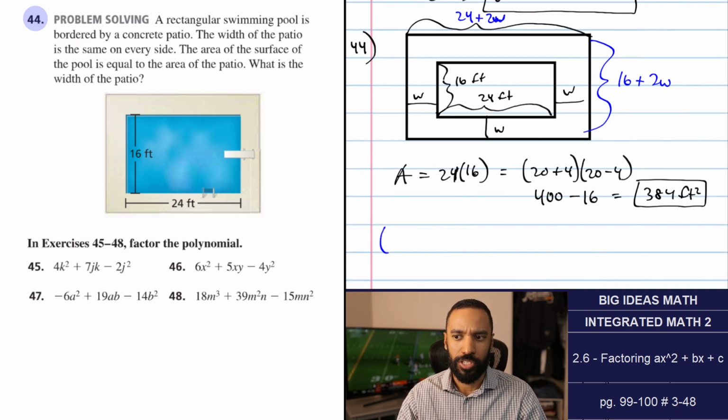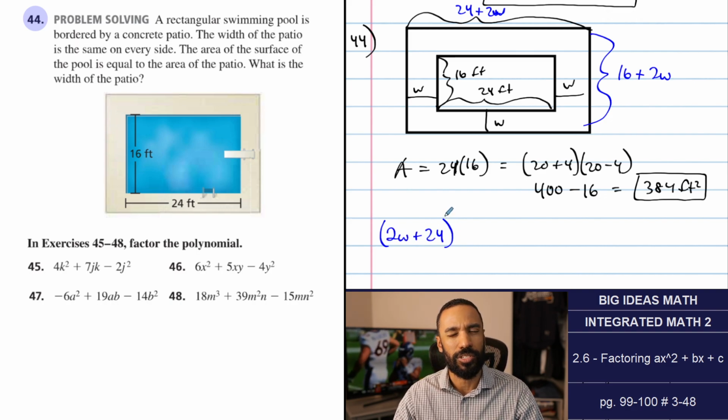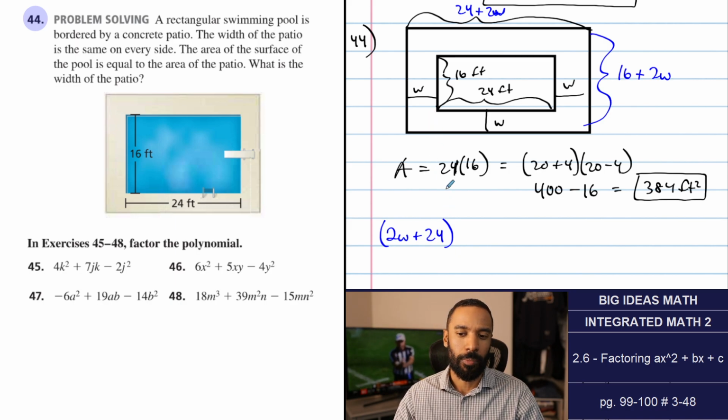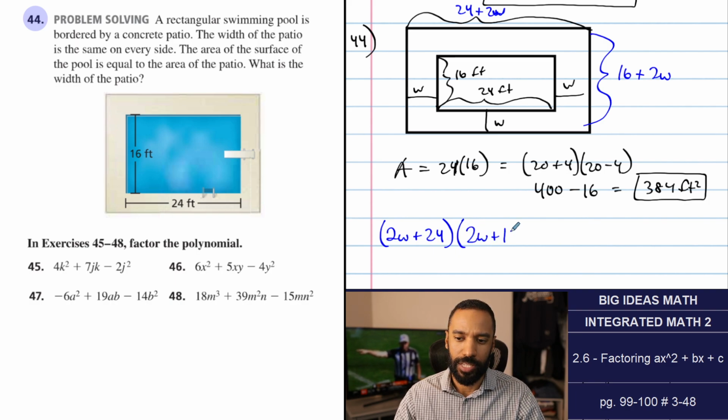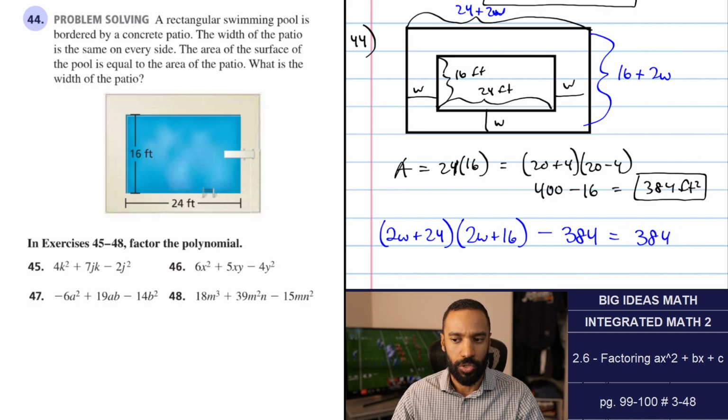If I take, I'm going to write this in blue, the 2W plus 24, there must be other ways that I can do this that I'm not really considering. Oh, there are other ways I could do it, but that's okay. If I take 2W plus 24 times 2W plus 16, and I subtract out the area of the inside, then I get the area of the patio, which is also 384.